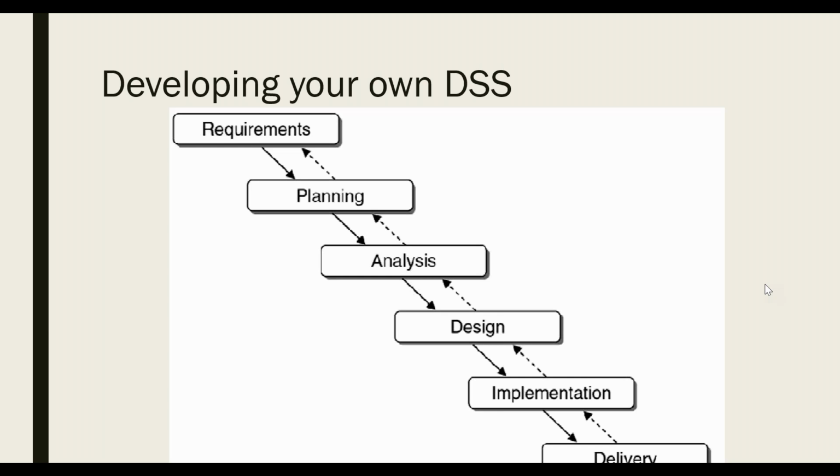Like I've got a certain set of requirements, and I'm now planning and designing it, implementing it, and the delivery. Means either it could be a delivery or it could be to your own.